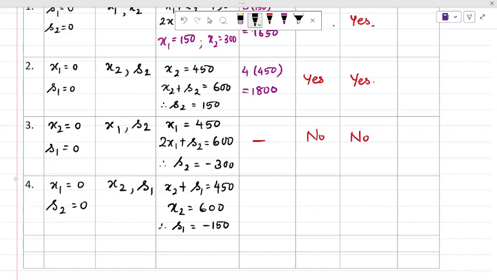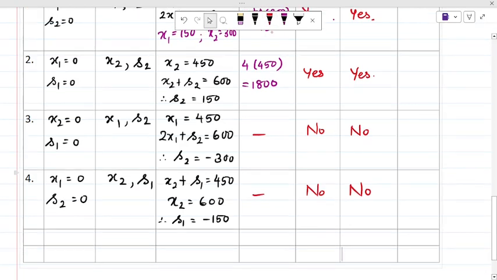So again, this is not going to be a solution of requirement, but we will have to say again this is no. Now the last case, the next case here, second last case will be the fifth one.